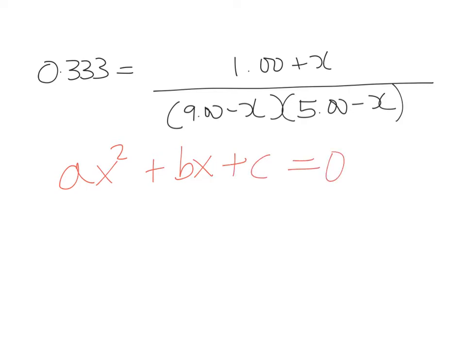Once you have the equation in this form, you can then use your calculator's quadratic functionality and solve for the two values of x. Remember, there are two solutions to x, and each of these solutions must be considered as we did in class and tested to complete our equilibrium problem.